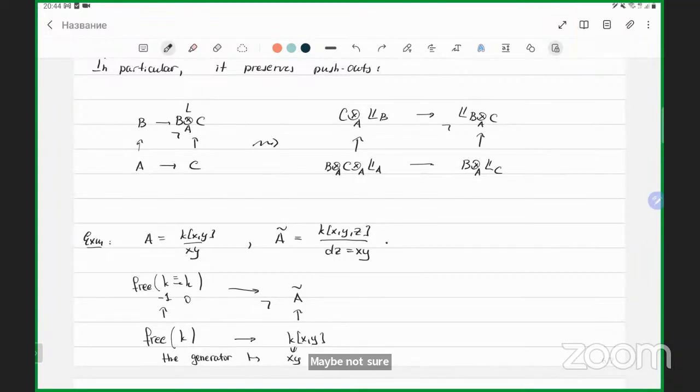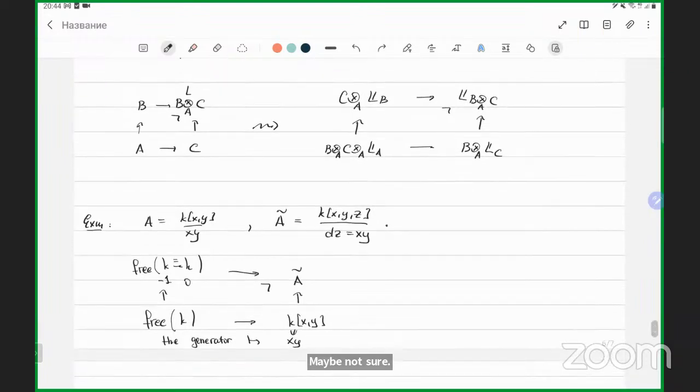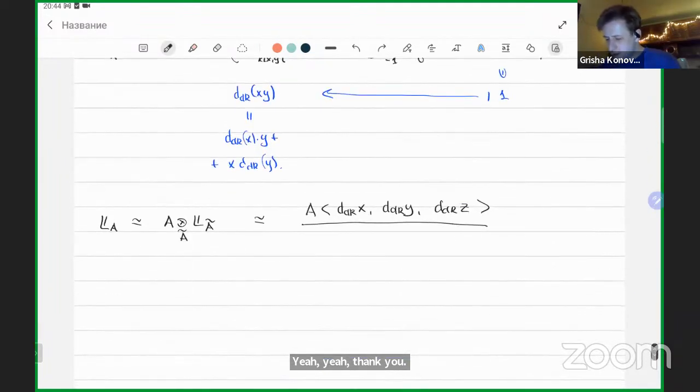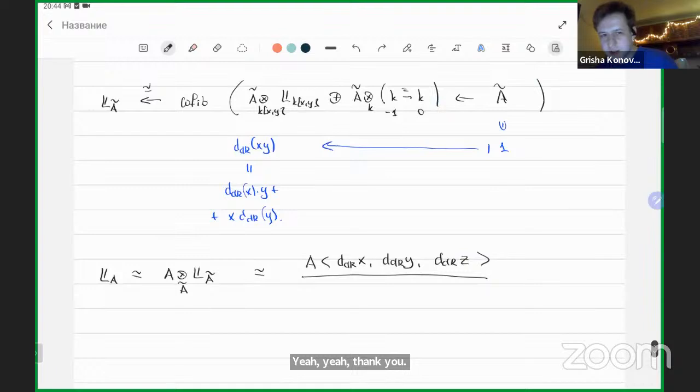Thank you for the question. What I was getting at is, I was trying to write a formula for the cotangent complex of A, which is the cotangent complex for A tilde induced to A. The formula is that it is a quasi-free A module generated by three variables, d x, d y, and d z.